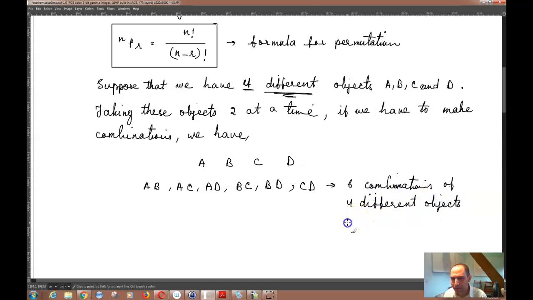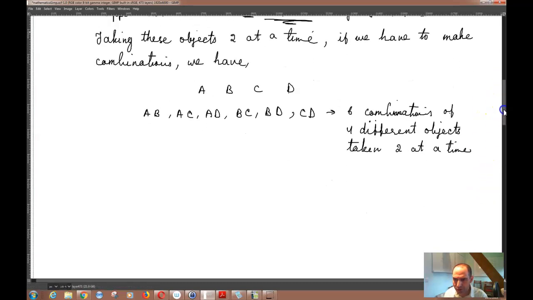Taken 2 at a time. And that's all the possible combinations, by the way.